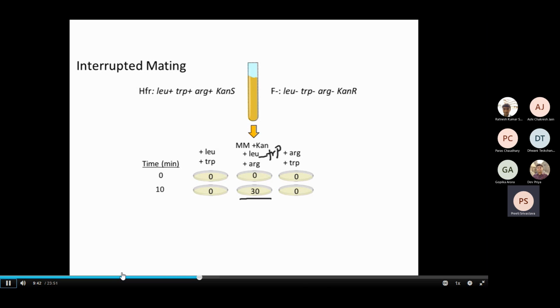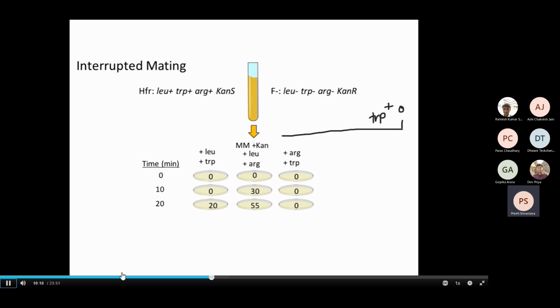And what this tells us then is that the prototrophic TRP gene was the first to transfer over during conjugation, meaning that it's the closest to the fertility factor origin on the HFR bacterial chromosome, so O for origin. So then if we wanted to map these genes relative to the fertility factor origin, we would say that TRP is the first one, or the closest.